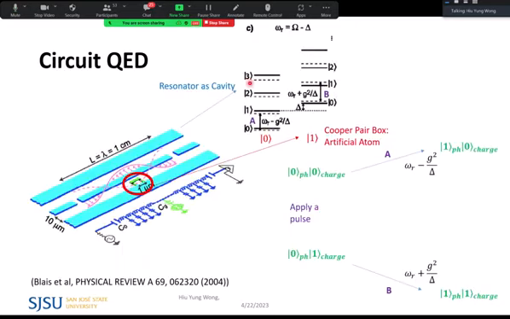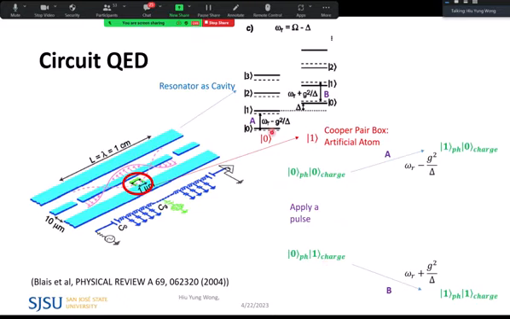So I can have a state with 0 Cooper pair and then 0, 1, 2, 3 photons, like this. Or I can have 1 Cooper pair, but 0, 1, 2, 3 photons. How do I know whether it is 0 or 1? That is what I tried to tell you earlier.